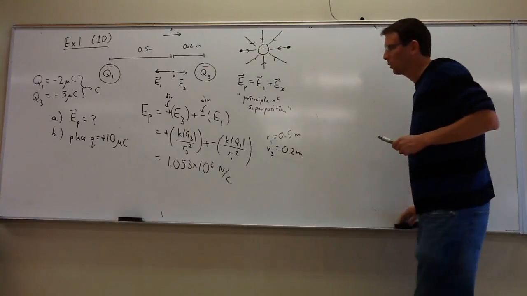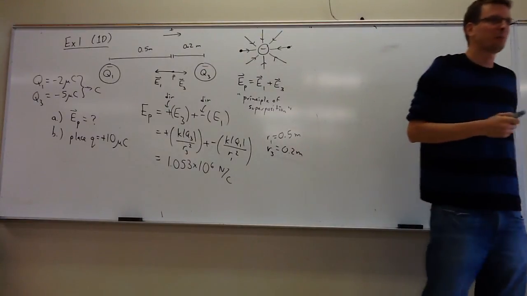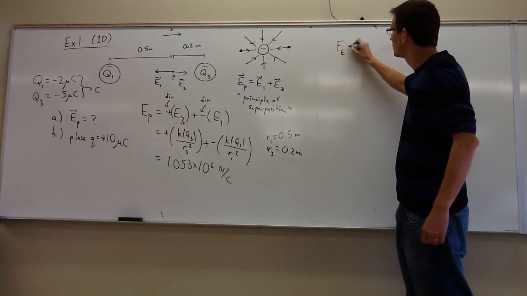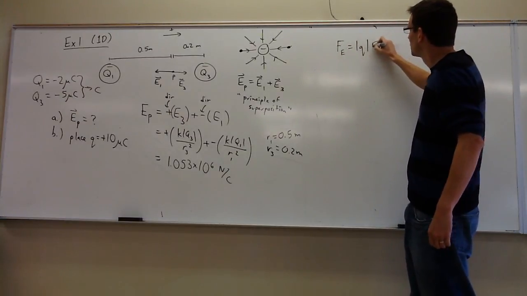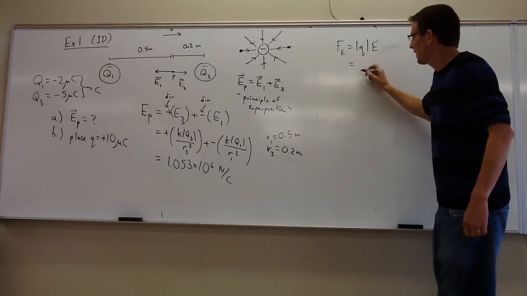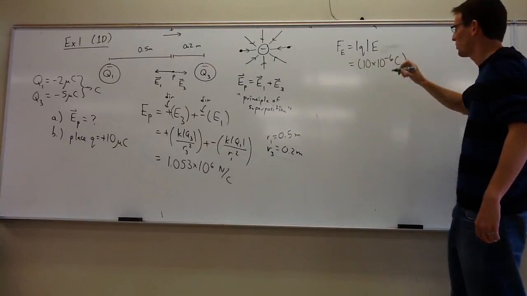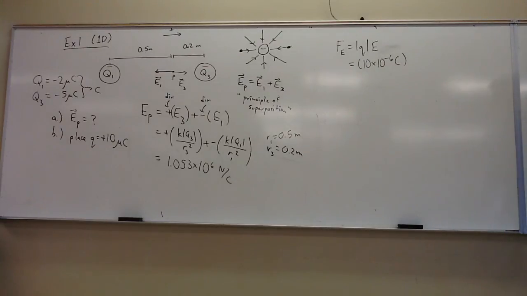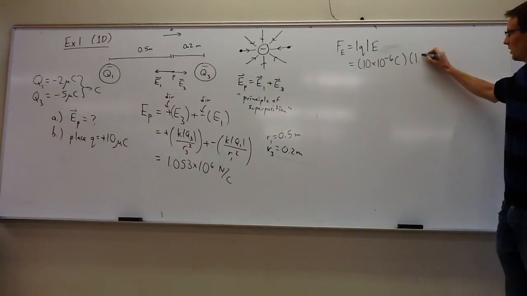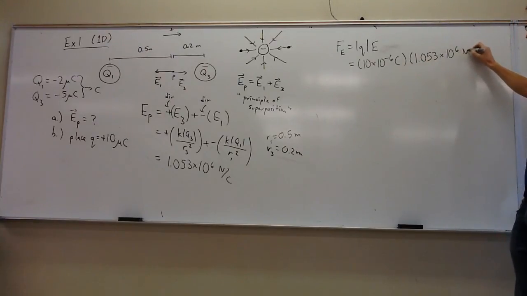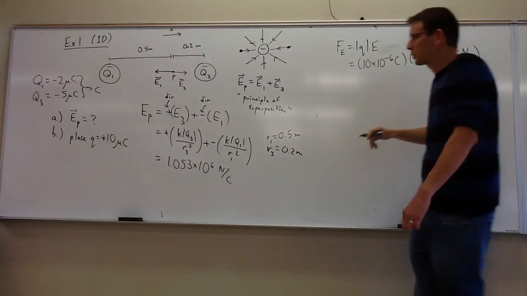So let's use our equation. Now that we're actually putting something there, that thing will feel a force. So we'll take the absolute value there, not that it matters too much because it's a positive charge, but you always want to remember if it's a negative charge. So that's how much charge we place at this location where the local neighborhood dictates that this much force is available per coulomb.